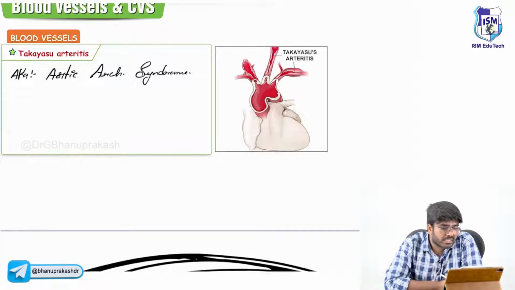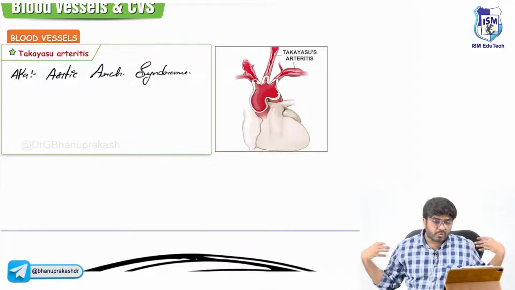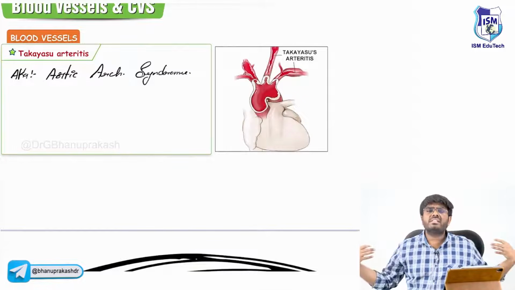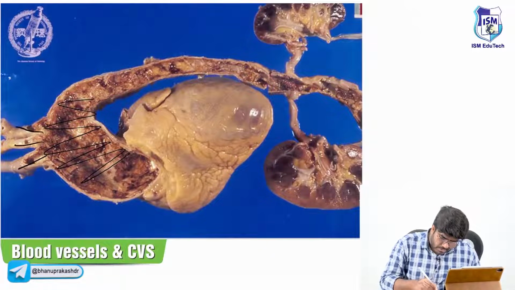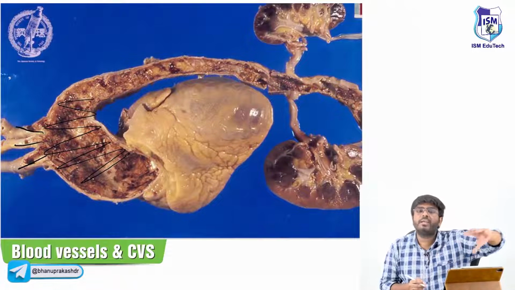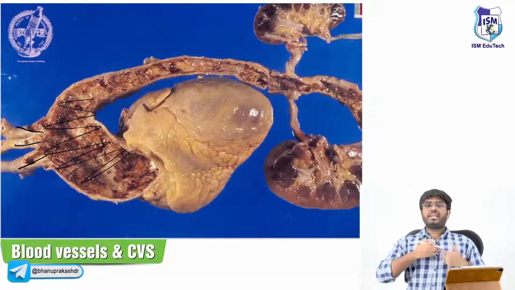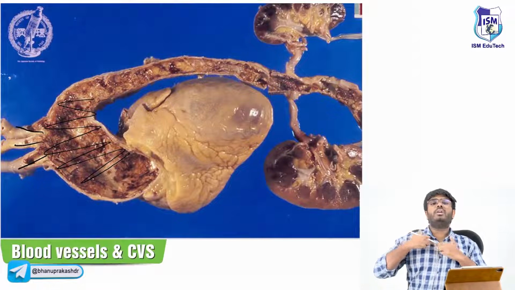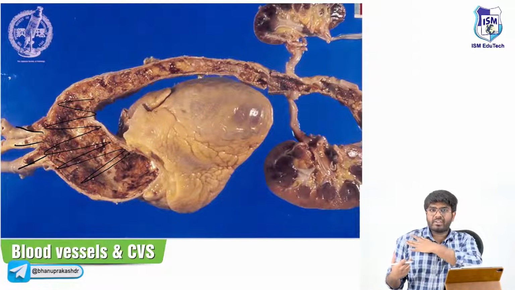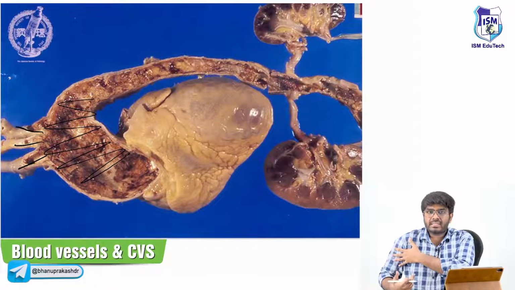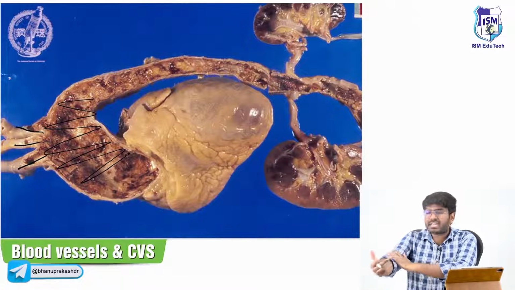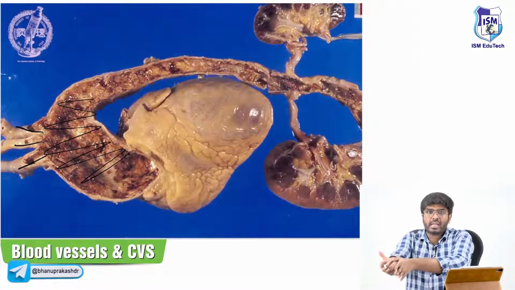Not only the aortic arch, see, from this aortic arch the inflammation is going to spread to the blood vessels which are coming from the aortic arch. For example, look here, from this aortic arch these blood vessels are coming out. Now this inflammation will also spread into these blood vessels, such as the subclavian artery. The subclavian artery continues as the axillary artery, the axillary artery continues as the brachial artery, and the brachial artery continues as the radial and ulnar arteries.